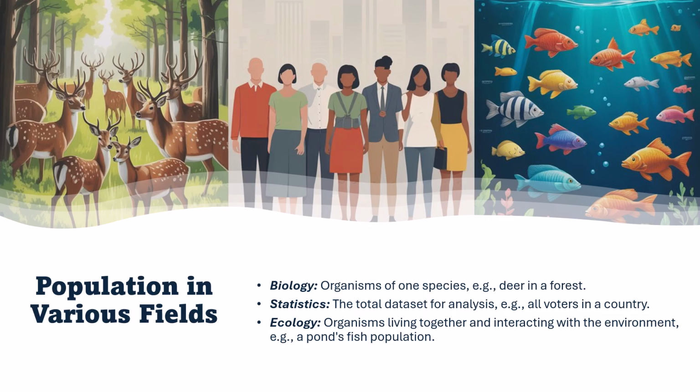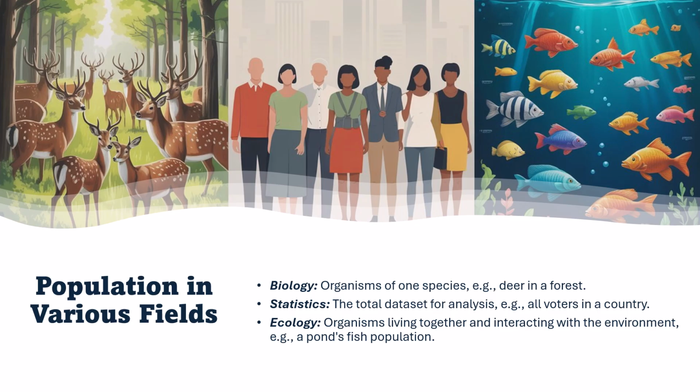The concept of population varies across disciplines. In biology, it refers to organisms of the same species inhabiting an area, such as deer in a forest, to study behavior, reproduction, and ecological balance. In statistics, a population is the complete data set under study, such as all voters in a country, forming the basis for sampling and analysis.